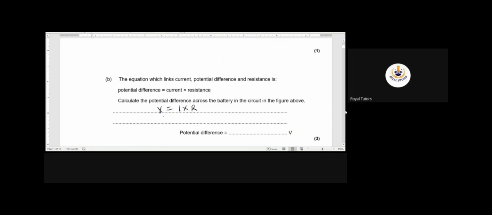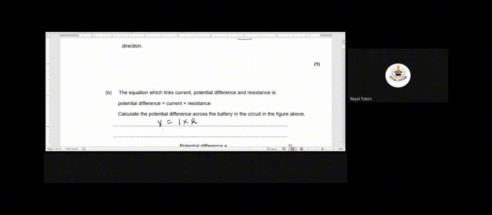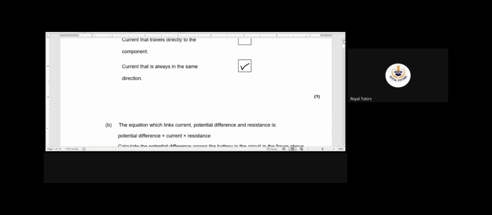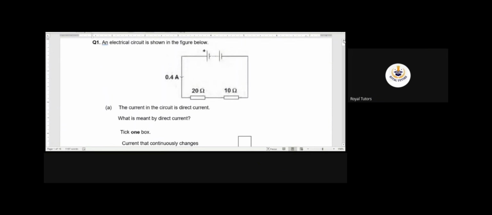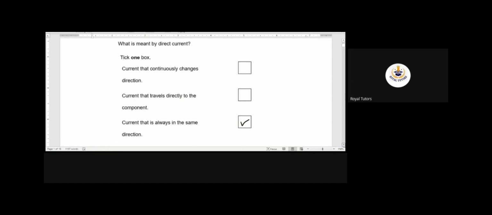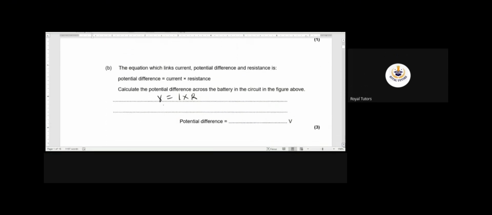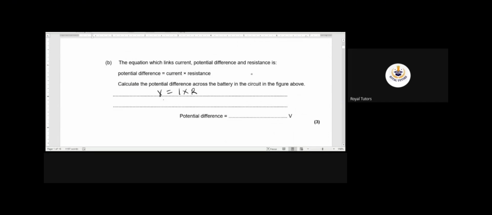So what you want to do is very simple. You know that the formula you're using is V equals IR. From the diagram below, you can see that our current is 0.4 amperes. Then you also find the total resistance, which is 10 plus 20 ohms, which will give you 30 ohms.